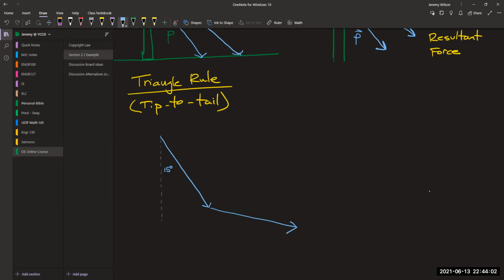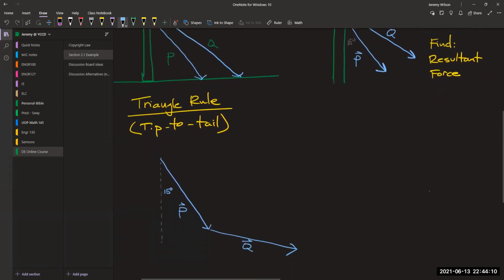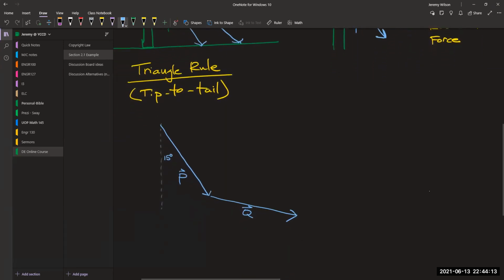The angle is exaggerated, but it'll work. And we know that Q is drawn at an angle of 20 degrees from P. So that would be a 35-degree angle from vertical.